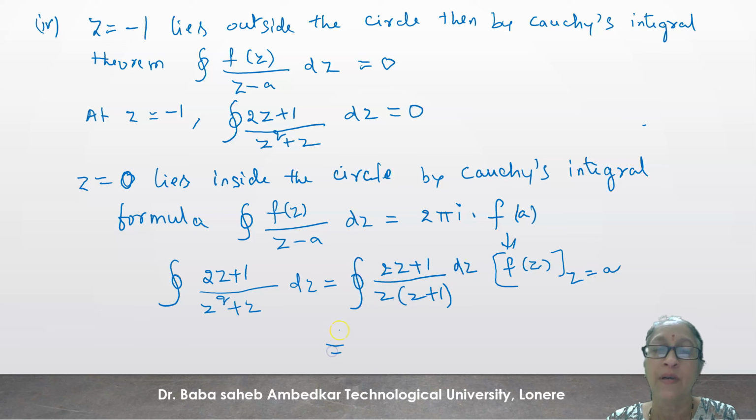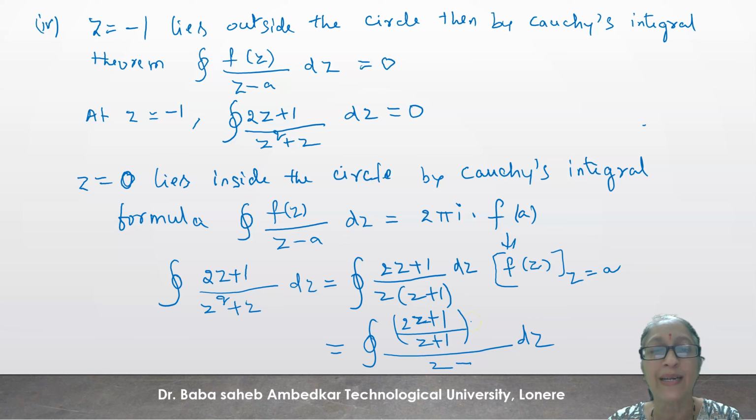Now here we are considering the pole z equal to 0, right? So here take this z plus 1 in the numerator. So we can write this as (2z plus 1) by (z plus 1) upon z dz. Okay, upon z means here this z minus 0. This can be written as z minus 0.